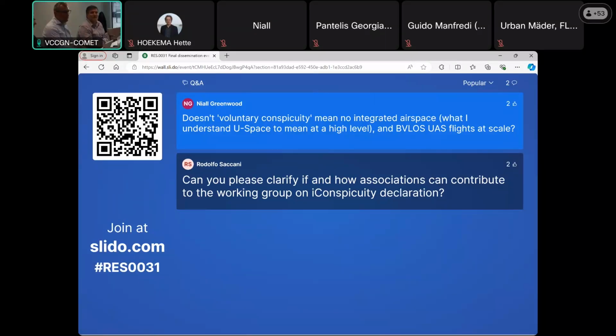So from that perspective, we are trying to make sure that what we are proposing outside of U-space is consistent with what is required for U-space. And it looks like from the outcomes of the project that slightly more demands were put on systems operating outside of U-space than in U-space airspace for manned aviation.